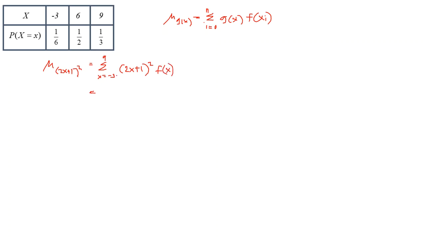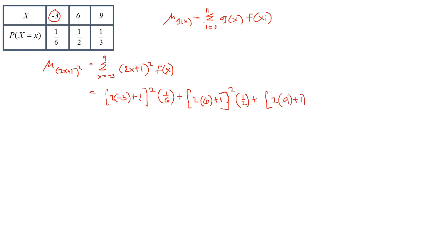First, let's start with x equal to -3. We have 2 times -3 plus 1, squared, times f of x, the probability that x is equal to -3, which is 1/6, plus, if x is equivalent to 6, 1 squared times 1/2, plus 2 times 9 plus 1, squared, times 1/3.